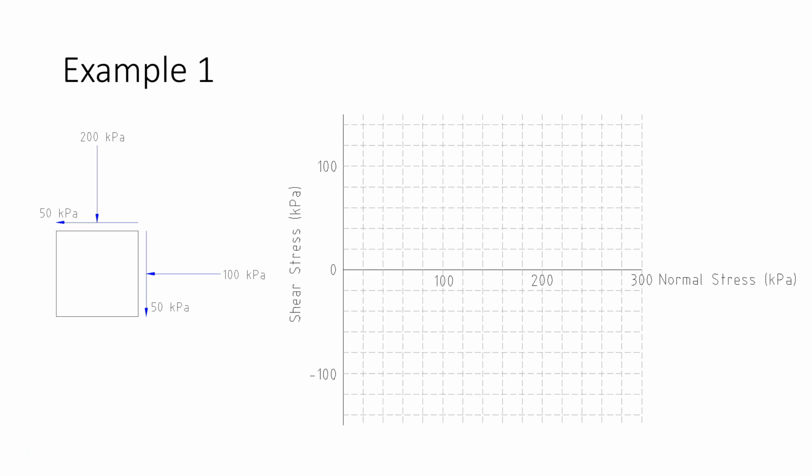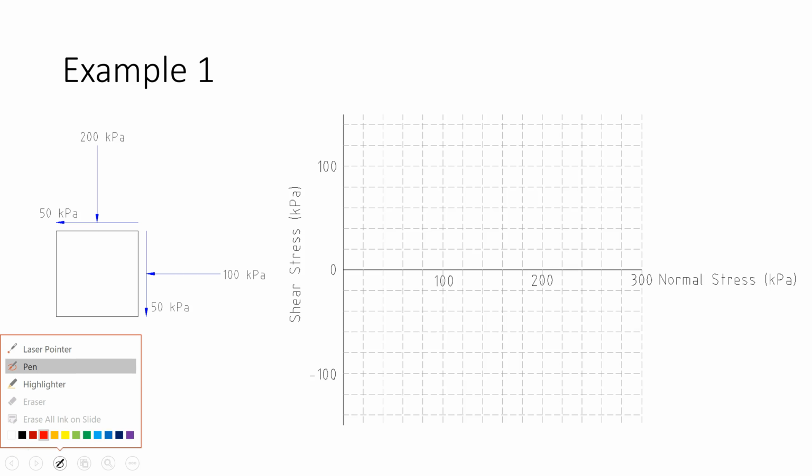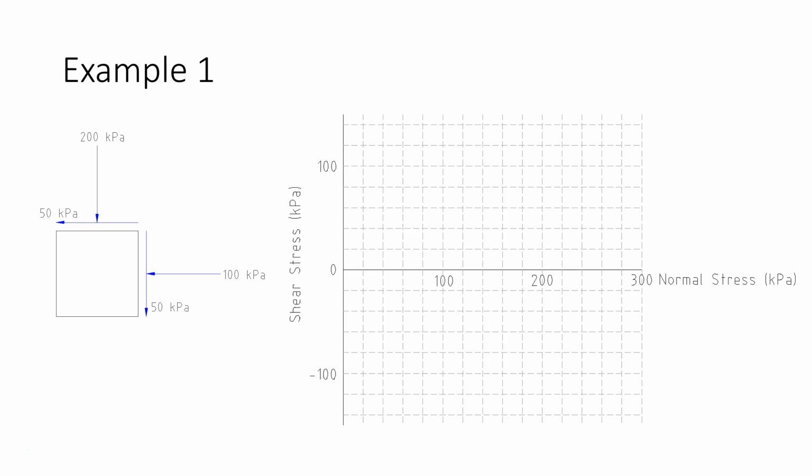On the horizontal axis, we have the normal stress of 200 kPa and a shear stress of 50 kPa. This is a positive shear stress because it would cause the element to undergo a counterclockwise rotation.